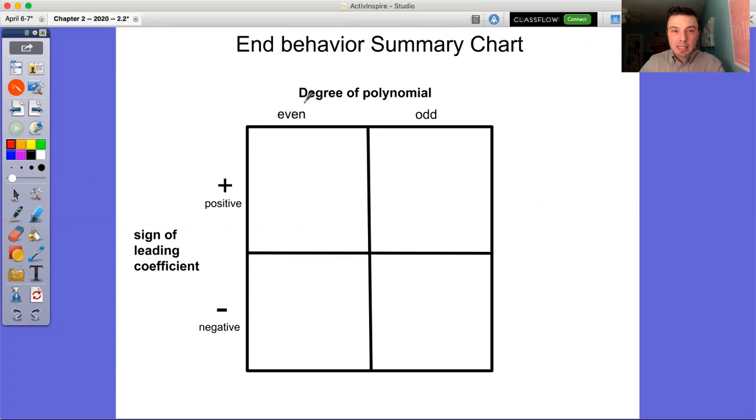So when the degree is even and it's positive, it is going to look like x squared, which we know goes up to the left and up to the right. When it's even and negative, it's going to look like negative x squared, which goes down to the left and down to the right.